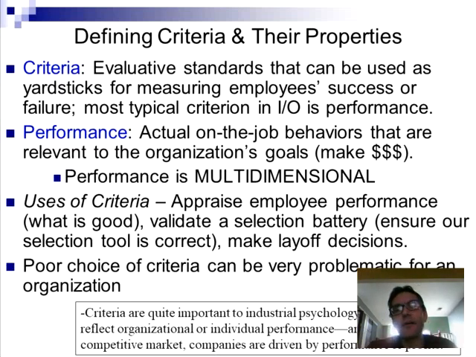I mean, that's really what it comes down to. But what is performance? Number of products produced per hour, quality of products, amount of waste. I mean, they're all aspects of performance, right? So criteria are used to validate selection batteries, to make layoff decisions, promotion decisions, etc. A bad choice of criterion leads to bad employees.